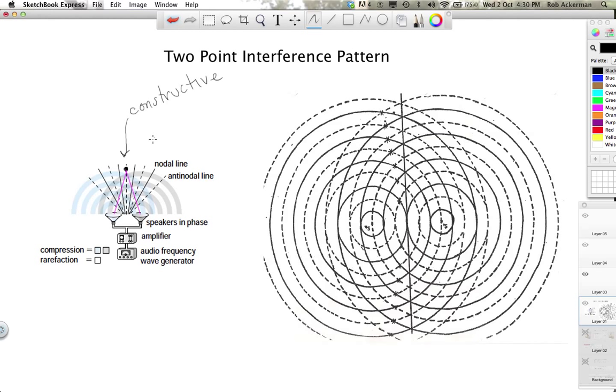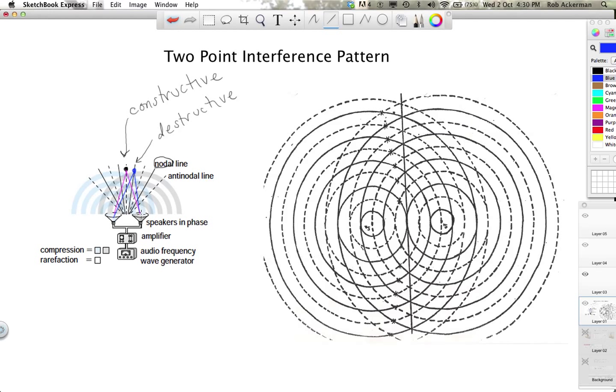However, on a nodal line, as the name suggests, you remember nodes, we talked about them when we learned about standing waves. These are regions of destructive interference. Why do they happen? Well, very simply, when you're on a nodal line, you can see that some of the waves don't have to travel as far as the other waves.